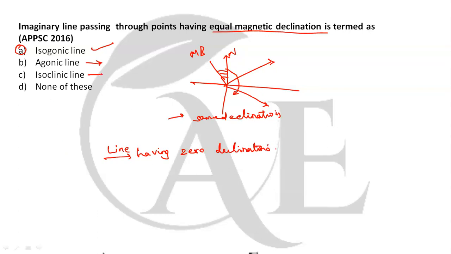An isoclinic line is a line where the dip needle has the same inclination to the plumb bob line. So it is said to be an isoclinic line.